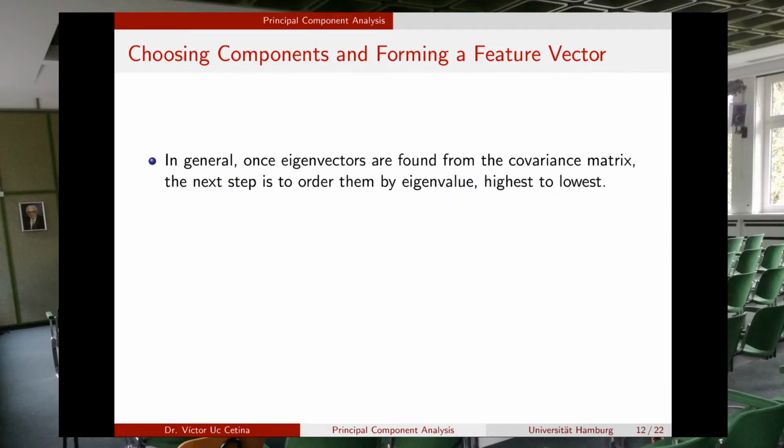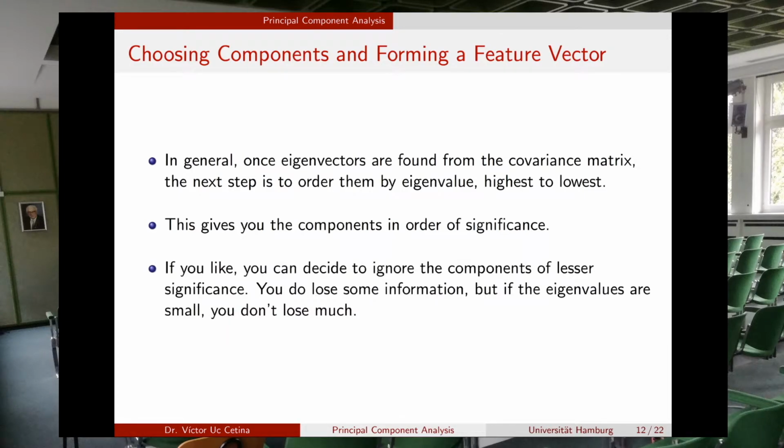So in general, once the eigenvectors are found from the covariance matrix, the next step is to order them by eigenvalue from the highest to the lowest. This will give you the components, the main components, in order of significance. And if you like, you can decide to ignore the components of lesser significance.